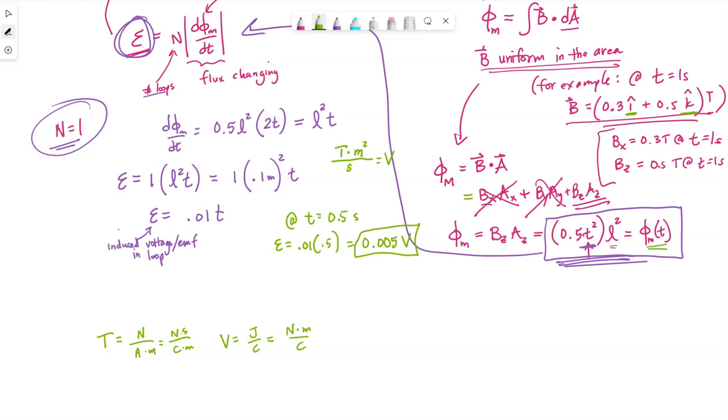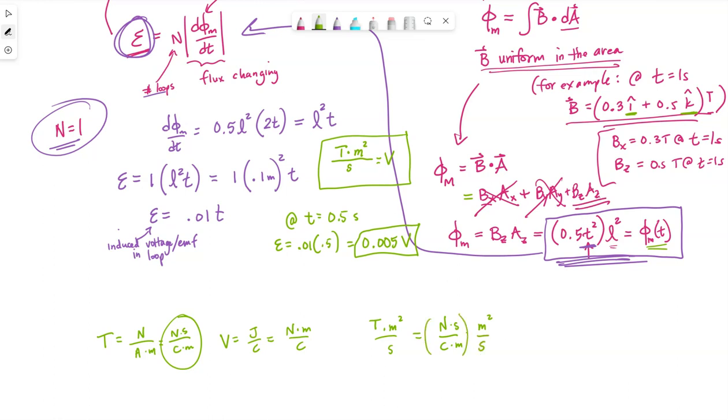So let's make sense of what we have up here. If I have a Tesla times meter squared per second, newtons times seconds, so I'm plugging this in, over coulombs times meter, times the meter squared over seconds.